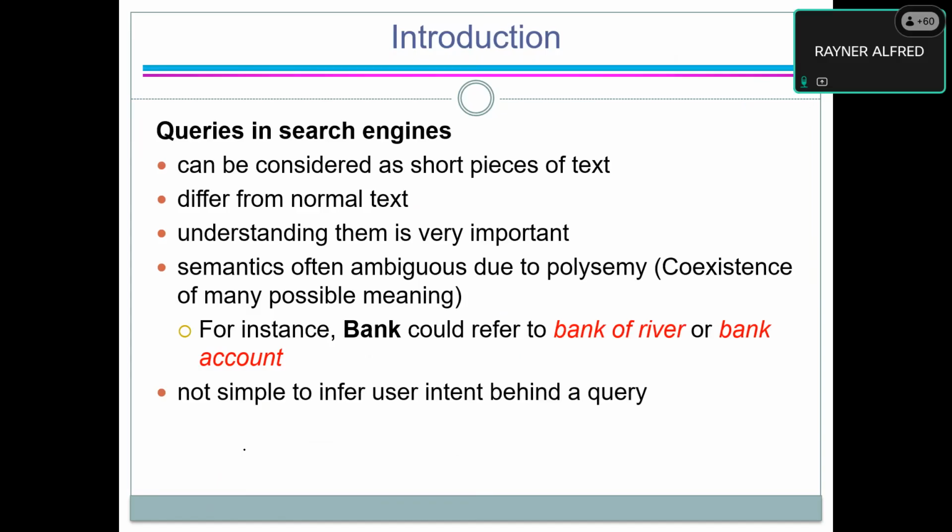So when we see a single term here, it's not enough for us to infer the meaning. What is the meaning of bank? So we need to see how bank is used in the context of the other terms mentioned in your query. So bank of river, bank account, and so on.